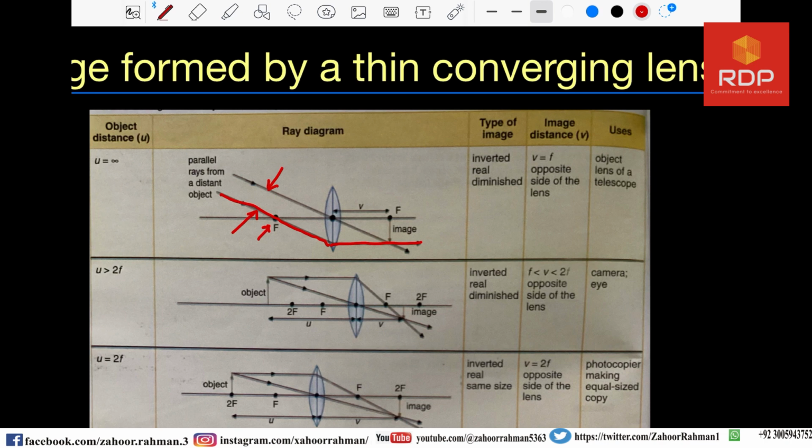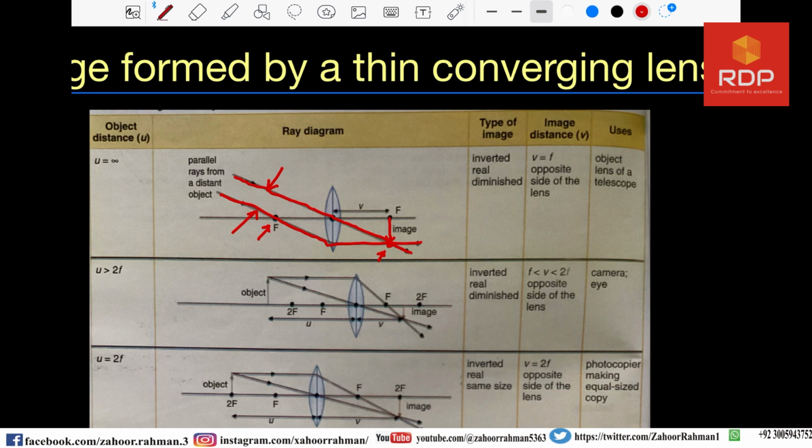There are many rays coming, but we are taking advantage of these two rays. Here it will also pass from this, and you will see that these two rays meet at this particular point. So we have to draw a line from here which will show the image height.